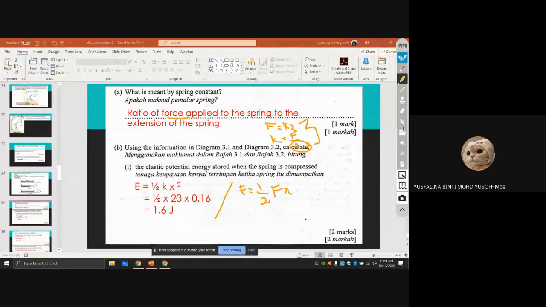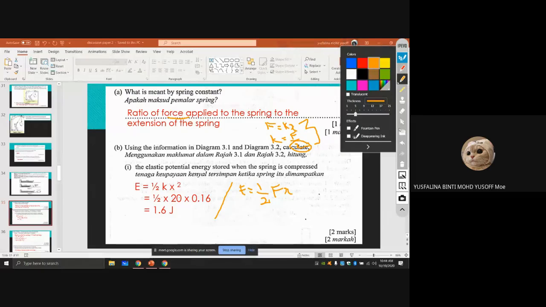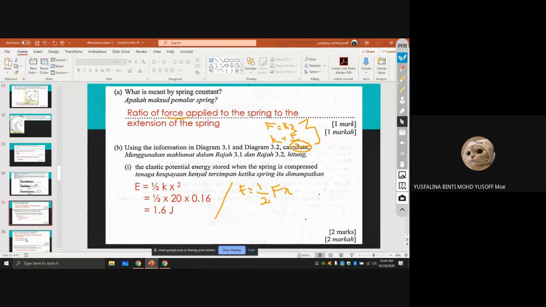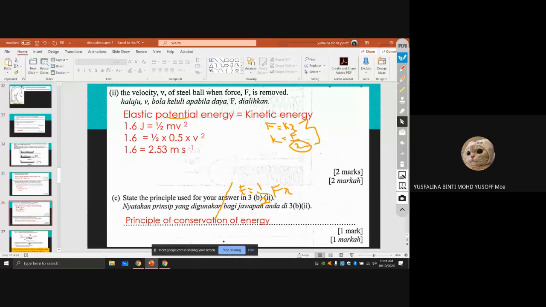Right, the next one. The velocity of the steel ball when a force F is removed. So based on the principle of conservation of energy, the energy can only change form.